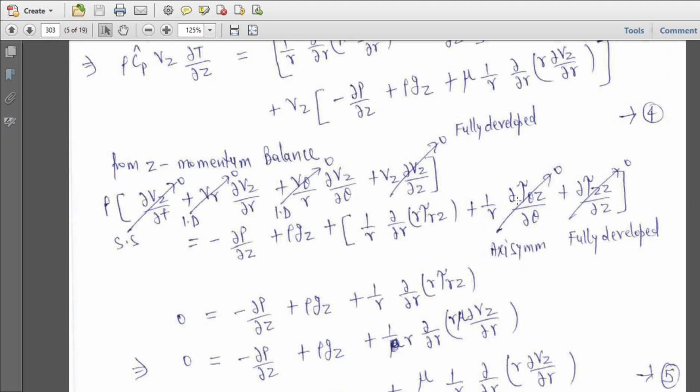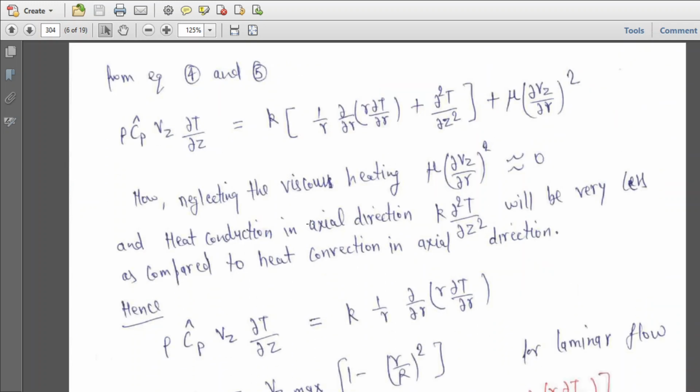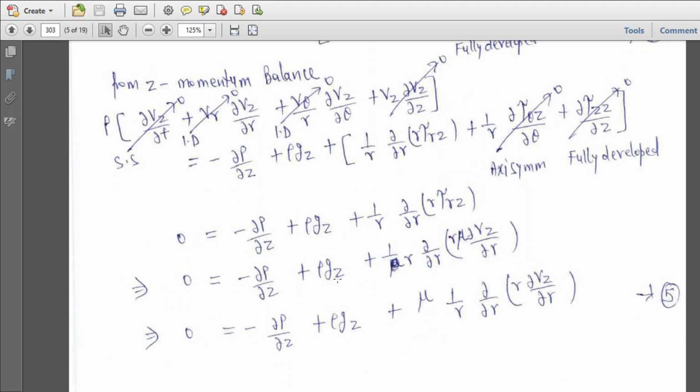Second, we are considering axisymmetric flow, so nothing would change with respect to theta either, so the del tau theta z upon del theta term is equal to 0. Again, fully developed flow, so del tau zz upon del z is also equal to 0. By solving it, we end up with this equation: 0 equal to minus del p upon del z plus rho gz plus mu 1 upon R del upon del R del Vz upon del R.